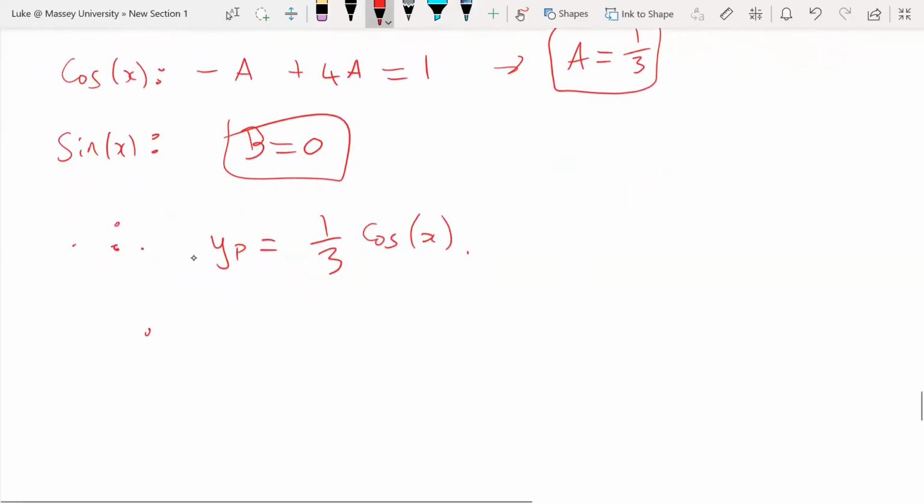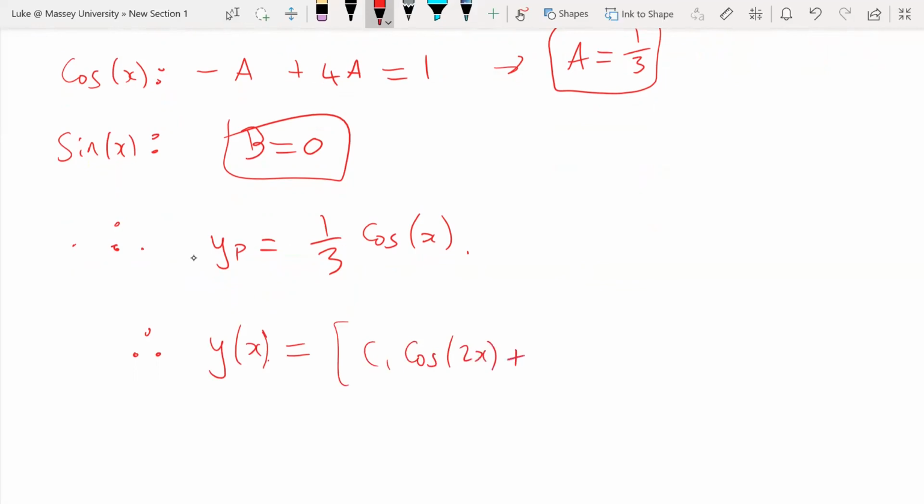So finally my general solution, which is the sum of the particular solution and the complementary solution, is c1 cosine of 2x plus c2 sine of 2x plus 1/3 cosine of x. This was the complementary, and this was the particular.